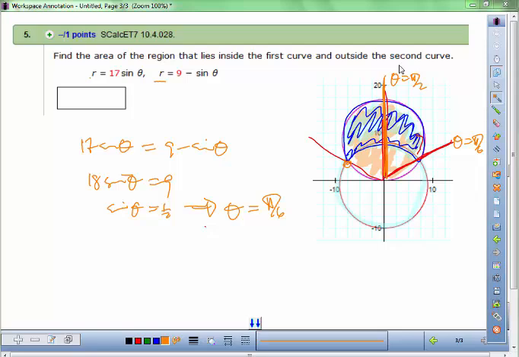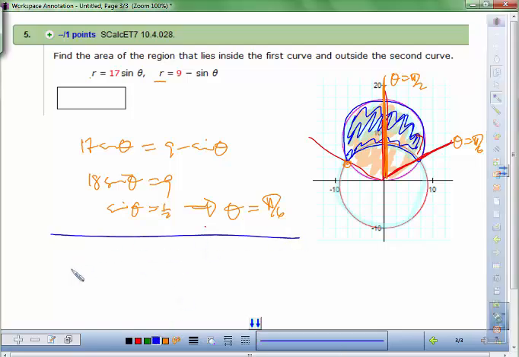So we know that we're going to integrate from 0 to 2 pi, and by that, I think we're essentially done, right? So the area is going to be equal to 2 times half of what we're looking for. So half of what we're looking for is going to be the formula where we get 1/2 times the integral from pi over 6 as your lower limit, pi over 2 as your upper limit.